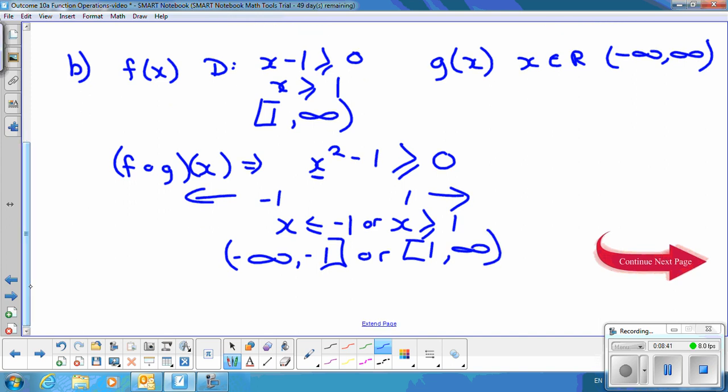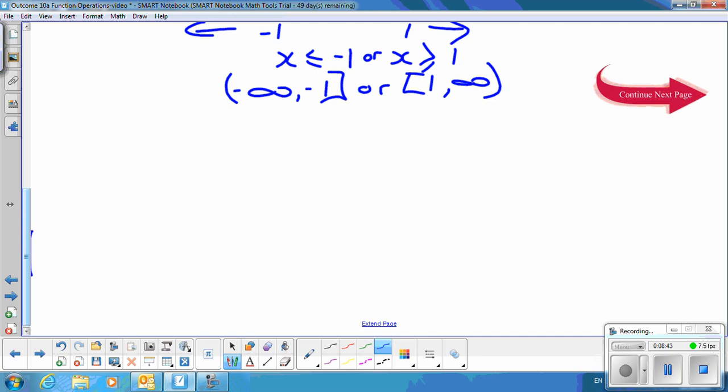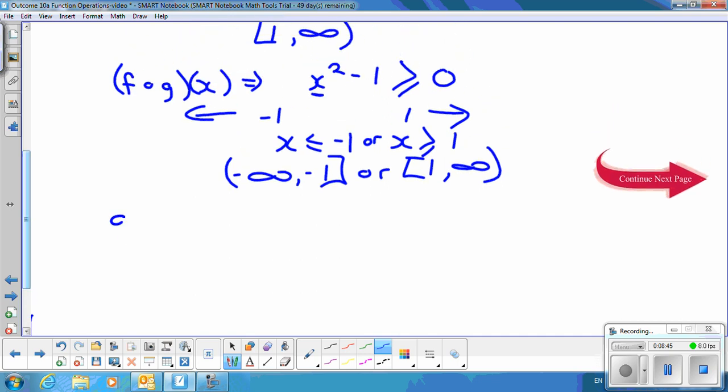Our last function is g of f of x. Just a reminder that that equation ended up being x minus 1. But we need to look at the restrictions. The fact is that we substituted f of x into g of x. So any restrictions on f of x, we can't substitute any values that are not allowed in f of x into g of x.